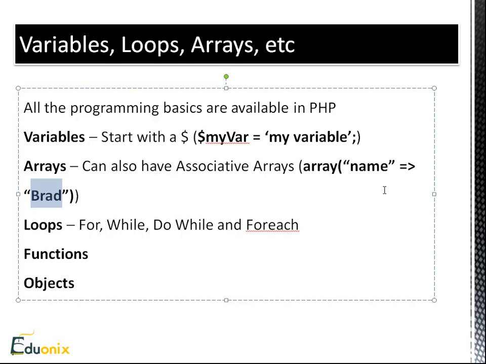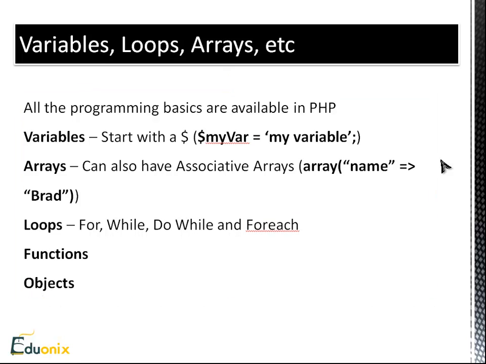In PHP, they're called associative arrays. Loops, we have for, while, do while, and foreach, which is used for arrays. Like in JavaScript we use a for in, in PHP we use a foreach. Functions, objects, we can do all that stuff in PHP, and we will be doing all that in this chapter.